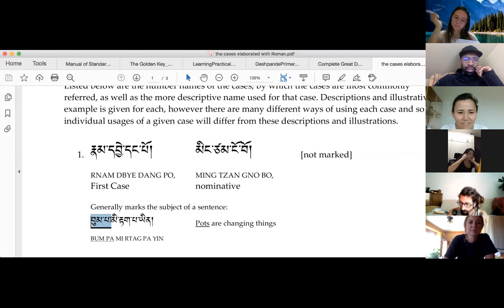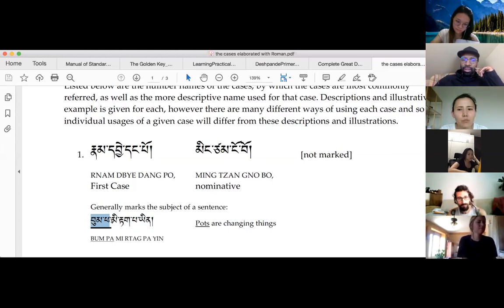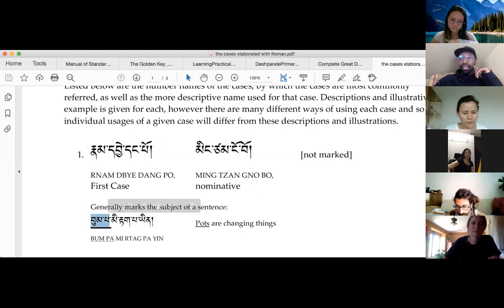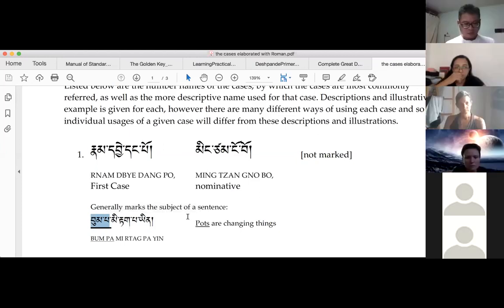So bumpa, Hasso, listen close. There's no change in the word bumpa to indicate that it's the subject of the sentence. The way you know is by its position as the first part of the sentence and in context. The fact that takpa is an adjective and yin is a verb rules out them being the nouns in the sentence.